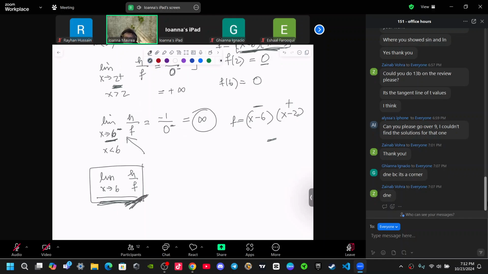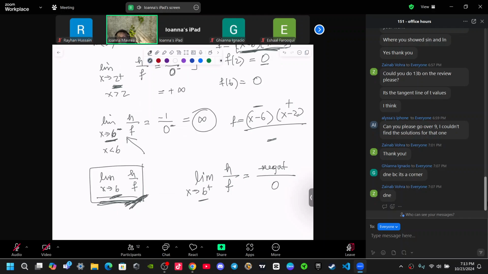Okay, so I'm not going to answer this question until I figure out this answer first. Right, so again, h is negative on the graph, so that's some negative number. Don't really care what it is, some negative number. I know f when I plug in 6, whether from the right or from the left, f gives me 0, so I need to know whether that 0 is positive or negative.